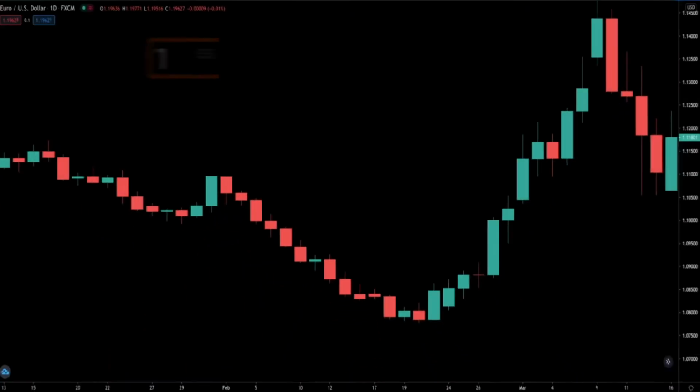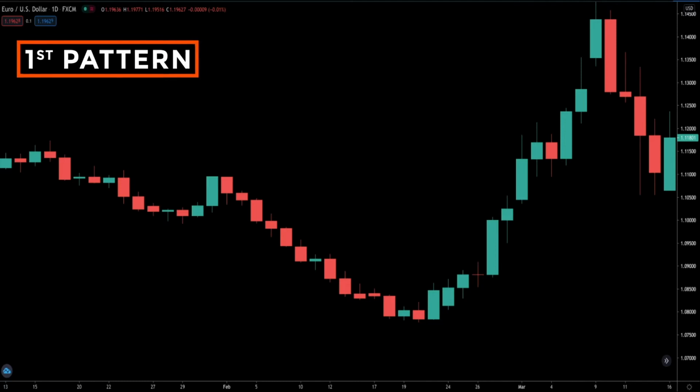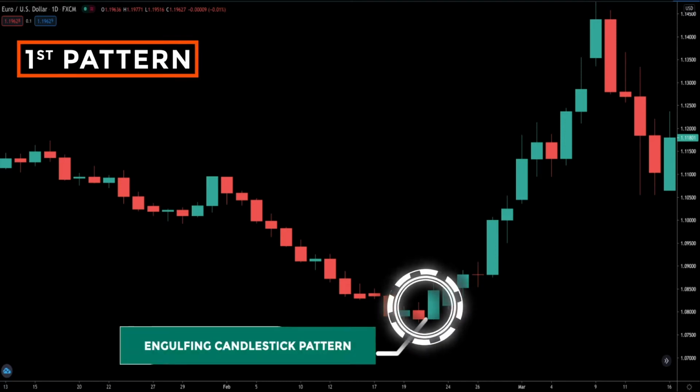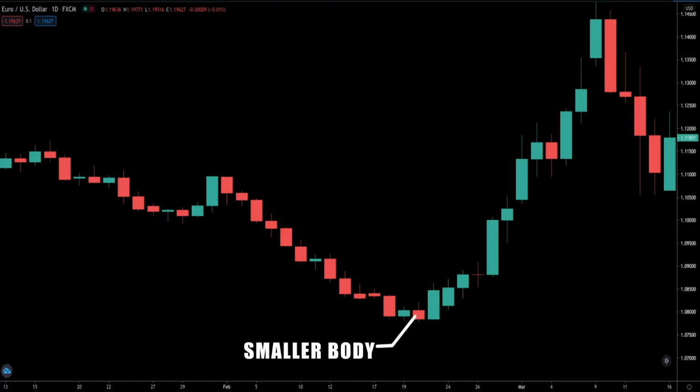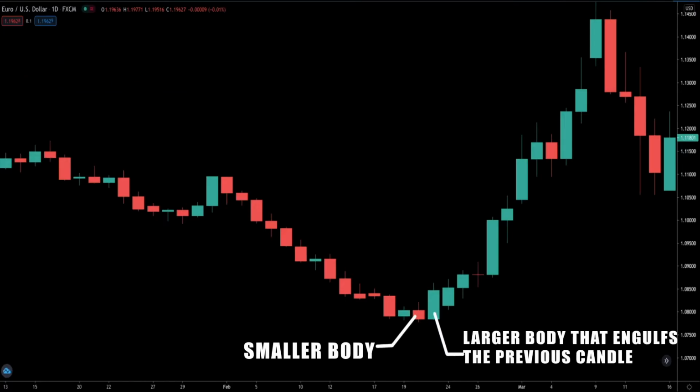So let's jump into the first pattern, which I talk a lot about on this channel. The Engulfing candlestick pattern. This candlestick pattern consists of two candles. The first candle being the smaller body and the second candle being the larger one that engulfs the first.